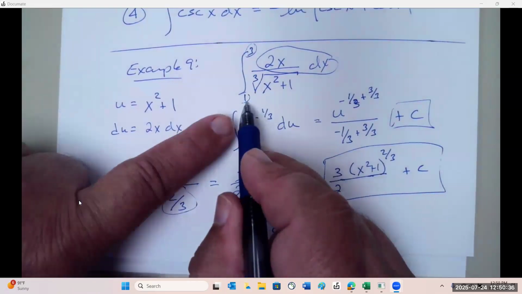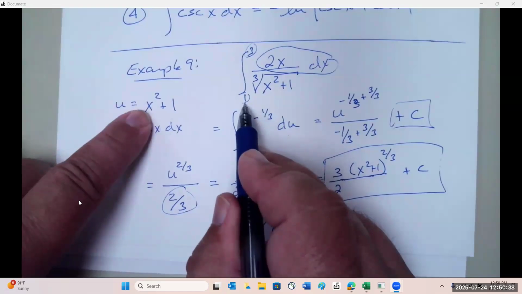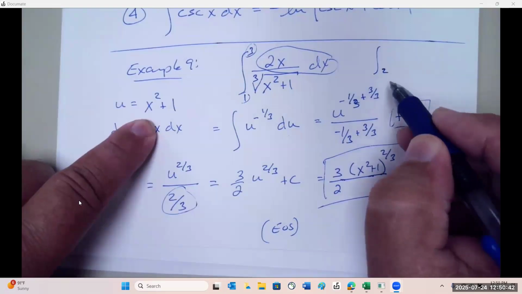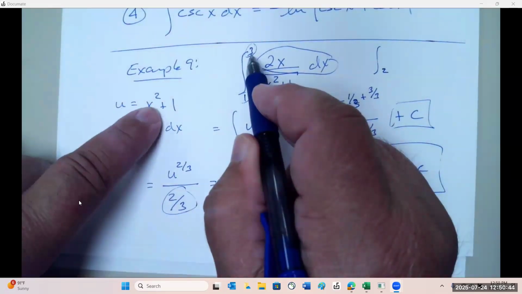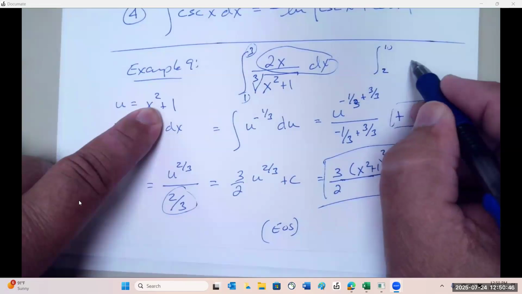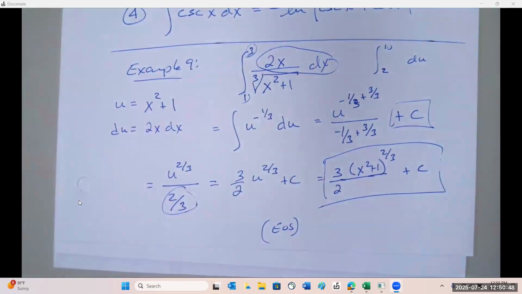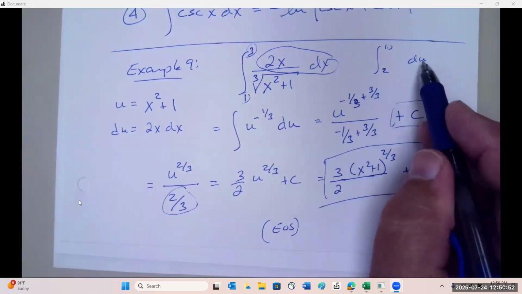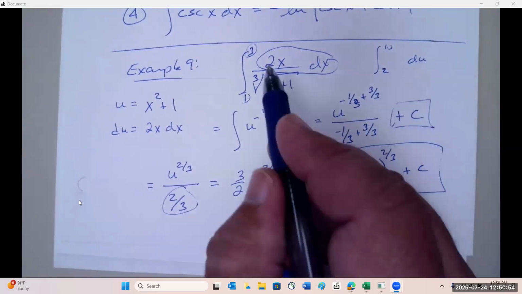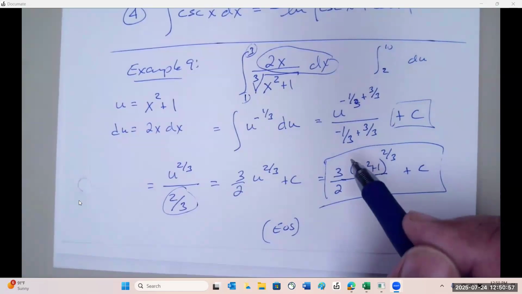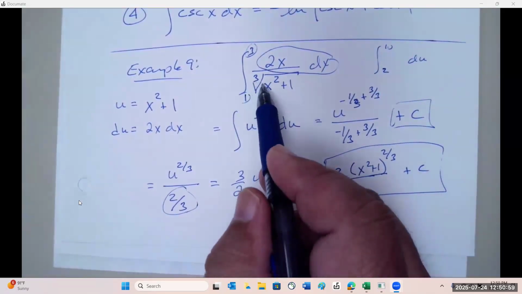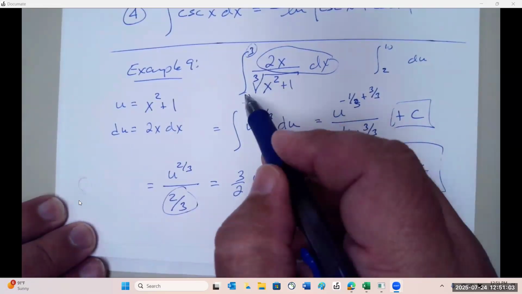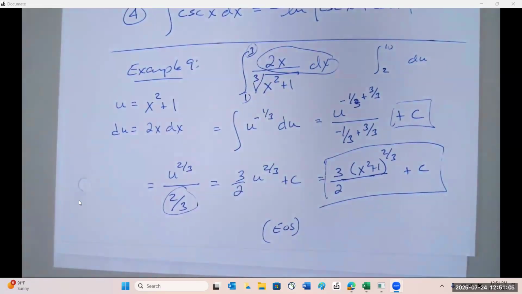So I'd plug in 1 here, so my lower bound would be 1 plus 1, which is 2. This is 3, so it's 9 plus 1, which is 10. If I'm going to keep it in the form of du and u, then I have to change the bounds of integration. If I want to go back to the x's, I do all this stuff, and then I put 1 and 3 back in there.